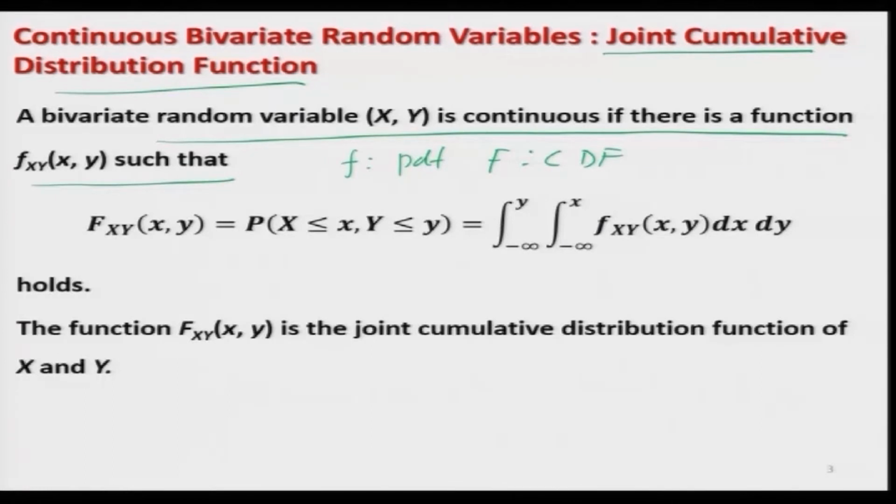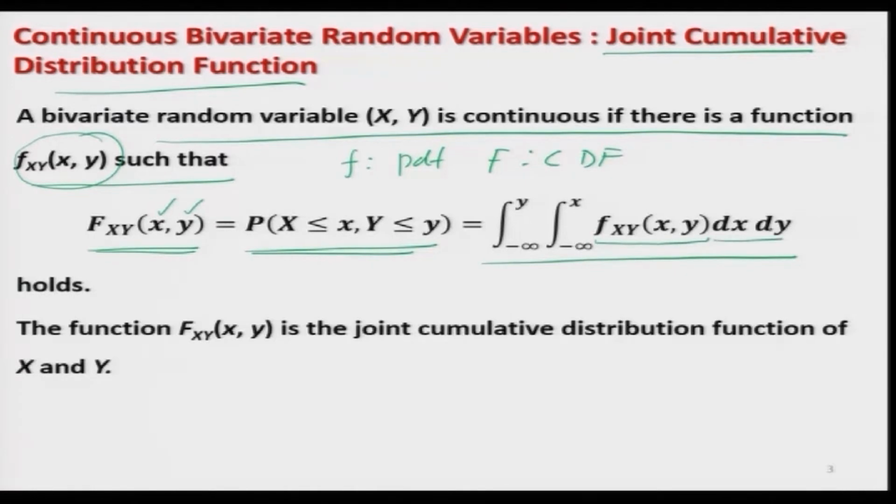So, this joint probability density function is such that capital F(x, y), that is the joint CDF of X and Y at the values small x and small y, which is actually the probability that X is less than or equal to x and Y is less than or equal to y, can be obtained by the double integral from minus infinity to y and minus infinity to x of the joint PDF f(x, y) dx dy, right.